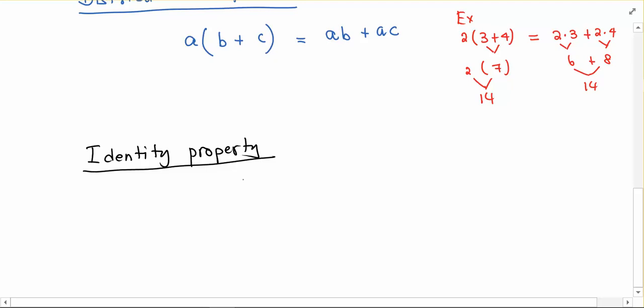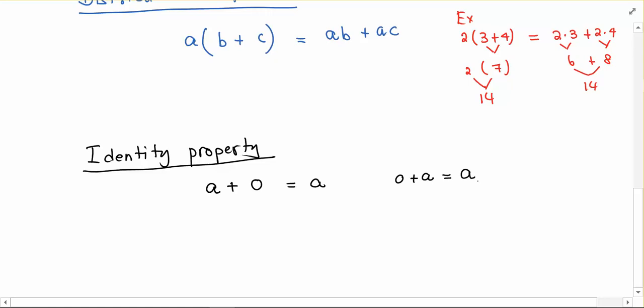What gives back the self? So the identity property for addition would be when you add 0. So when you add 0, you get A. And it doesn't matter which way you add it, because we know the commutative property says it doesn't matter whether you add first the 0 or 0 second. Either way, you get A.